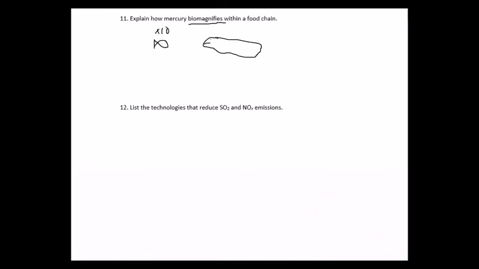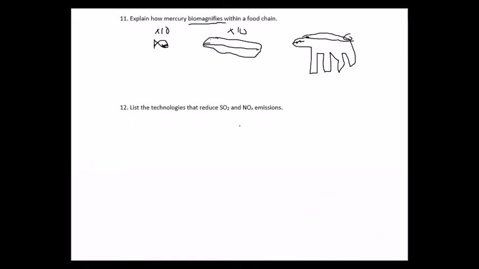So if the level is kind of low in the fish, if the seal eats 10, then the level's going to be higher in the seal. And then if we have a polar bear, there we go, polar bear, and the polar bear eats 10 of these, then that concentration level is going to be higher in the polar bear. Don't make fun of my drawings.